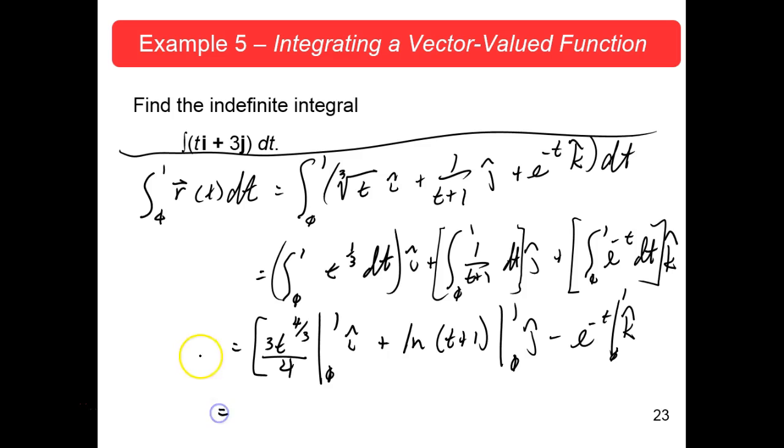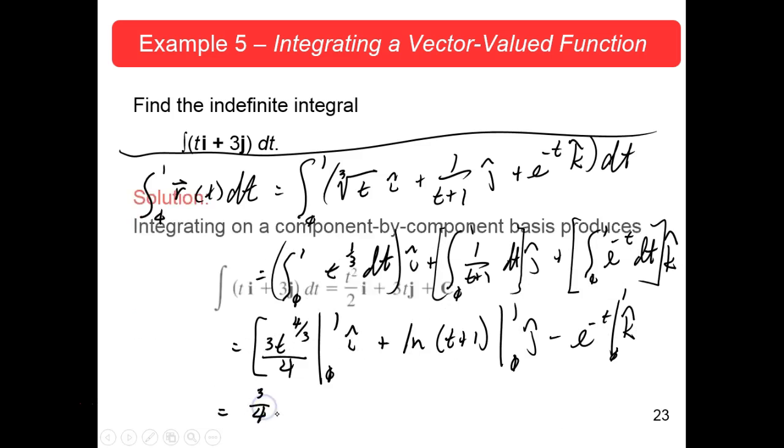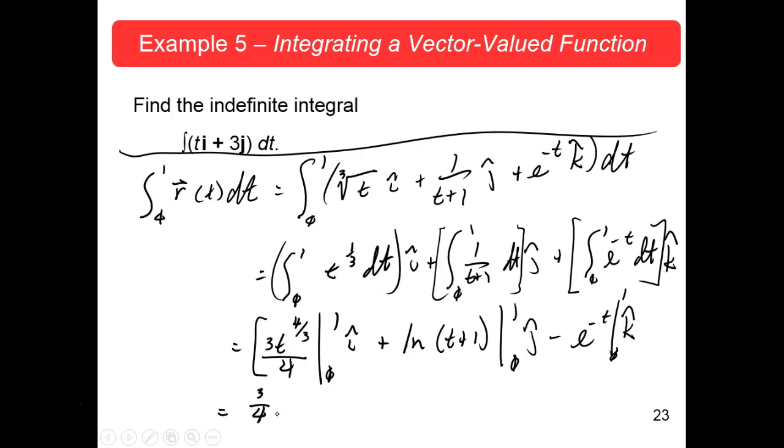So let's do the first one there, and what does that give you? What's that? 3/4. That's all it gives you, right? Because when you put a 1 in there, 1 to the 4/3 power is 1, and 0 is 0, so it's just 3/4 i.